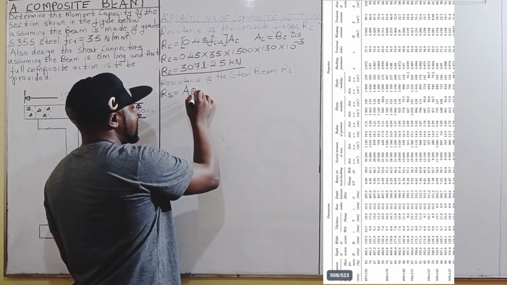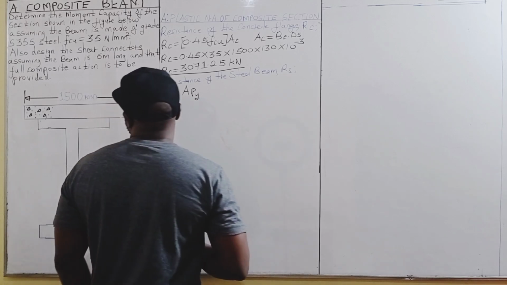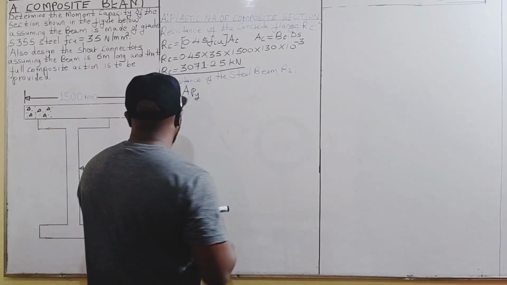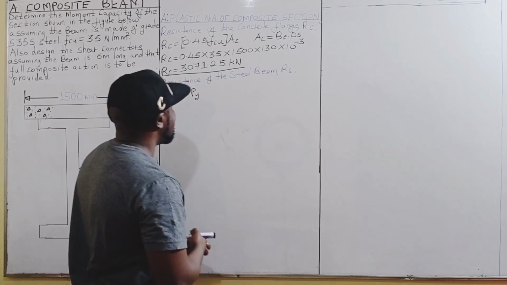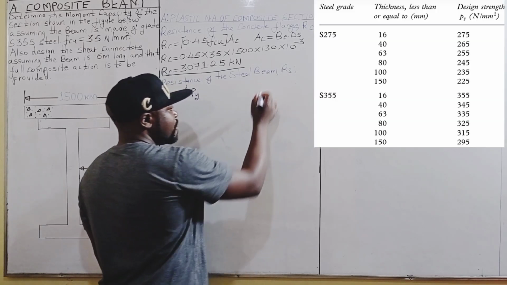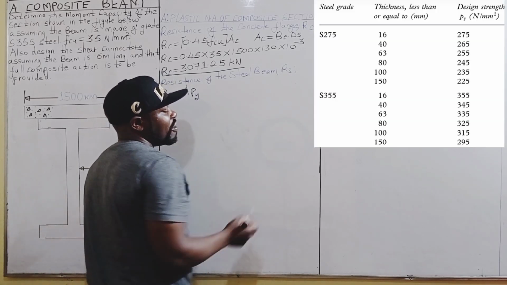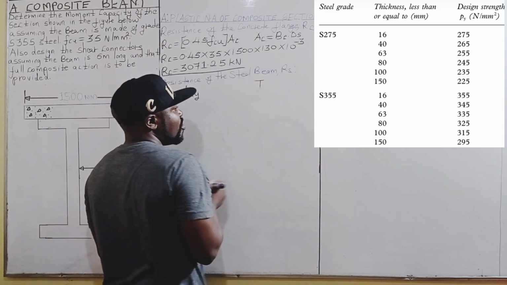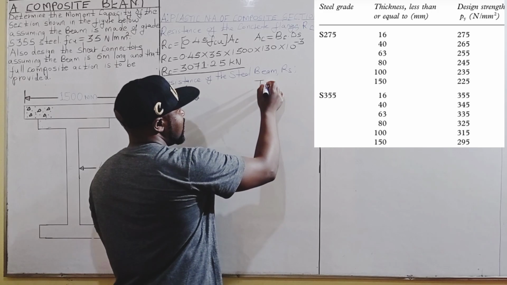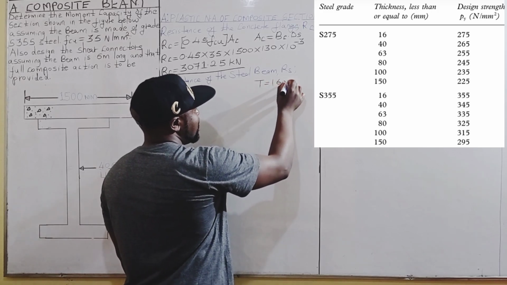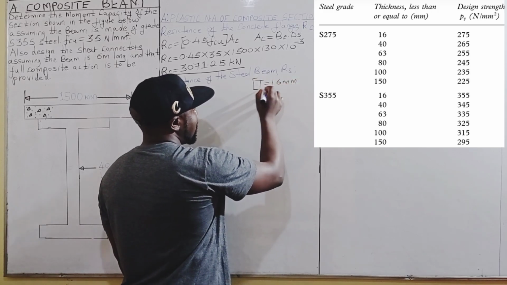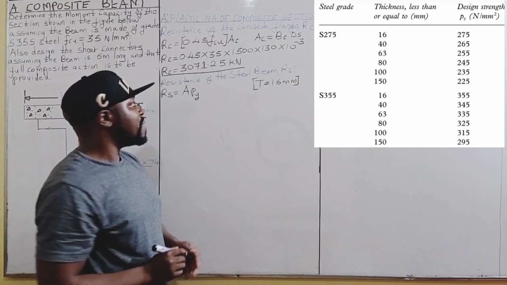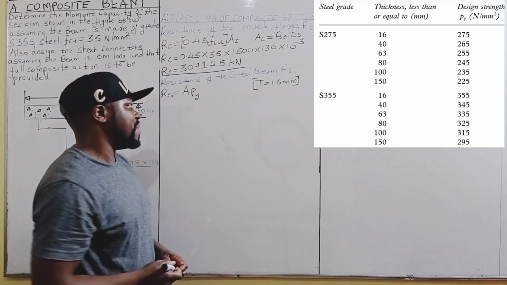Then we multiply by the design strength of steel, which in this case is 355 newtons per square millimeters, since from table 4.3 of the BS 5950, the thickness of the flange is 16 millimeters. Therefore, with a thickness of 16 millimeters, the design strength of this steel will be 355 newtons per square millimeters.